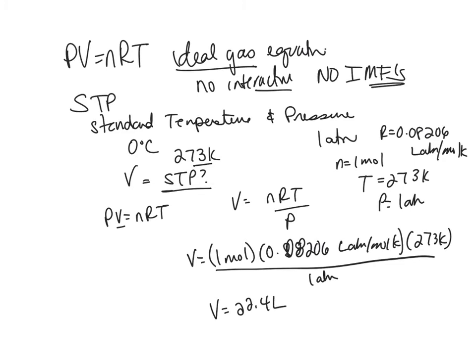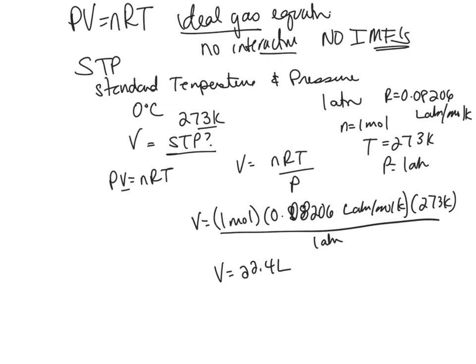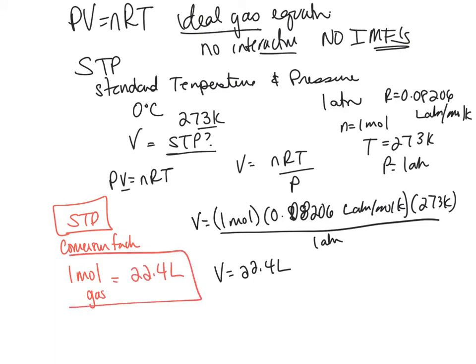Now, the reason why that's important is that anytime you see STP in a problem, you can use a conversion factor. And that conversion factor is 1 mole of gas, any gas, occupies 22.4 liters. So that relates the volume, so you can do dimensional analysis.